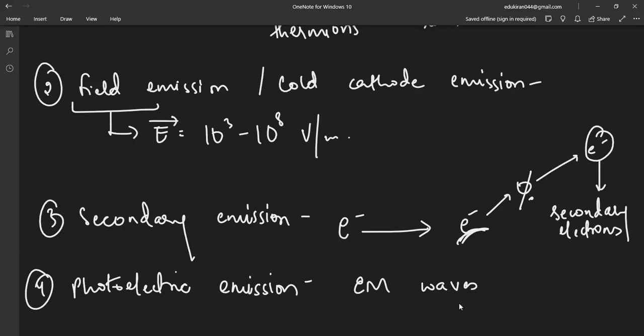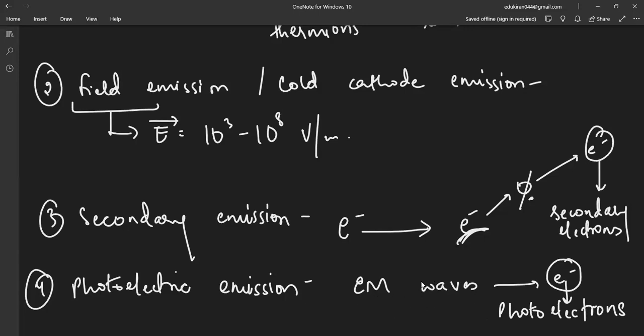The emitted electrons will now be called the photoelectrons. So it's a process in which electrons are emitted from the metal surface when electromagnetic radiations are incident on it.